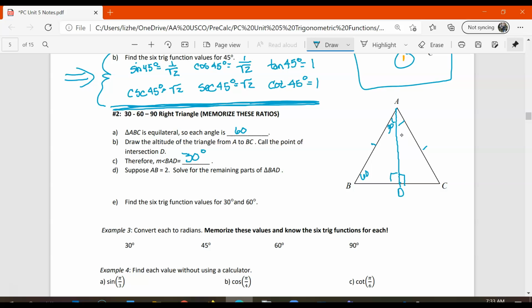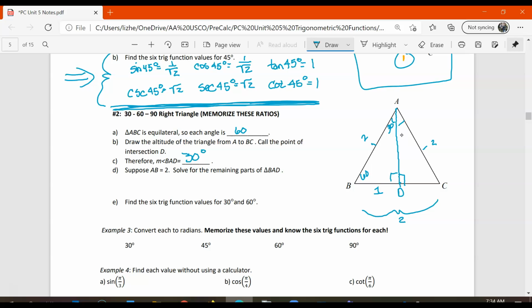Now let's suppose AB is 2. Solve for the remaining parts of triangle BAD. So if this is 2, then this was 2, and this whole thing was 2, right? And we dropped an altitude down, and therefore this is 1, because that altitude cuts it in half. So what we have then is one side here.